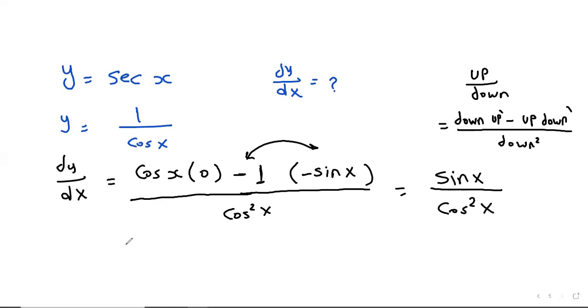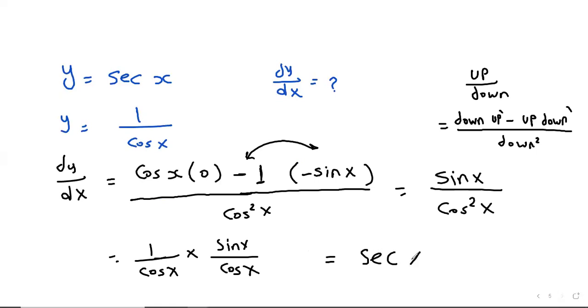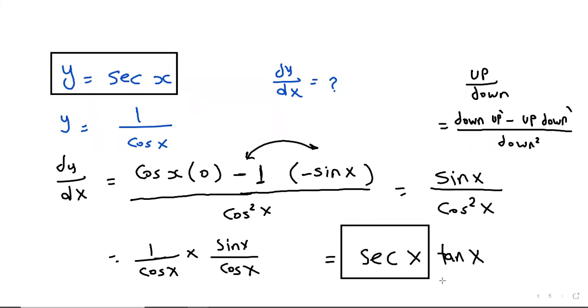We can write it as 1 over cosine x multiplied by sine x over cosine x. Okay, 1 over cosine x is equal to what? Yes, it's sec x, multiplied by sine x over cosine x, it's tan x. So the derivative of sec x is equal to what? Write it as it is, just to remember, sec x multiplied by tan x.